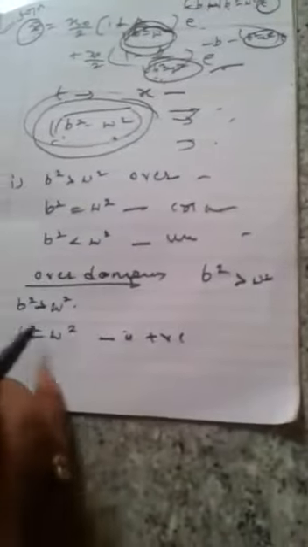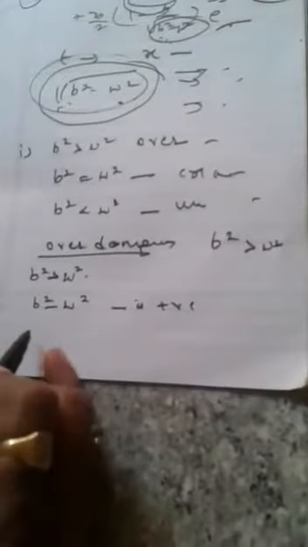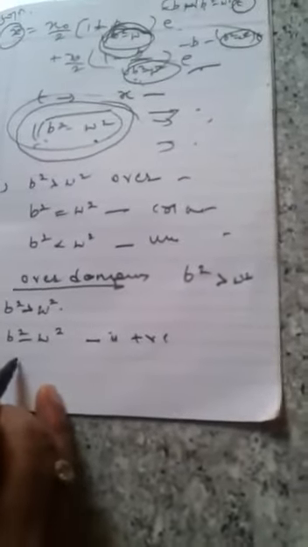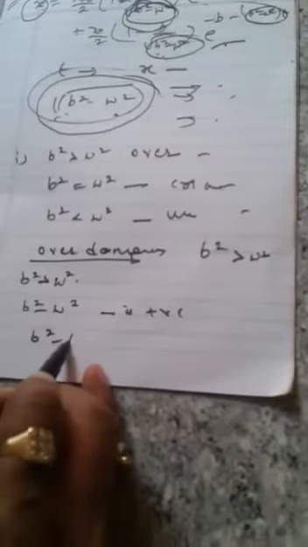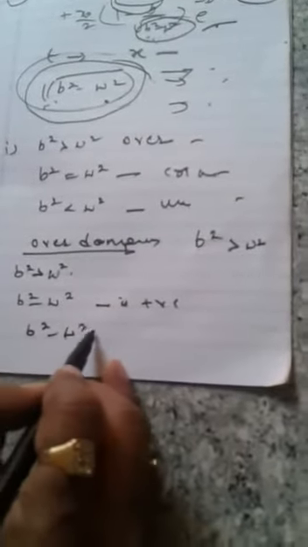But this square root of b square minus omega square is less than the b value.